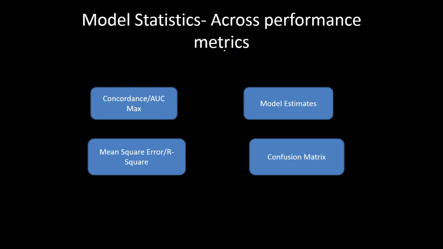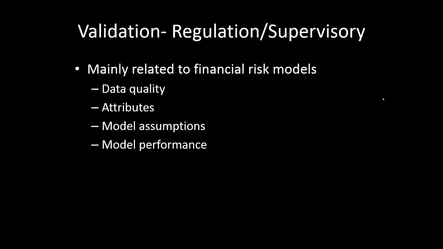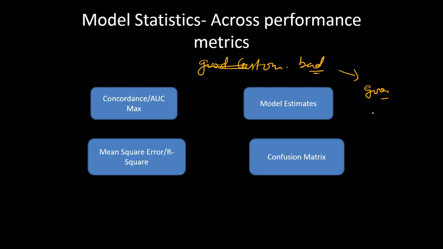Say, for example, you want to verify how the model is doing in terms of identifying bad customers in a credit card portfolio, and you're least bothered whether the good customer identification is good or not. The model is doing very well in identifying the bads, but it's not doing so well in identifying the goods.